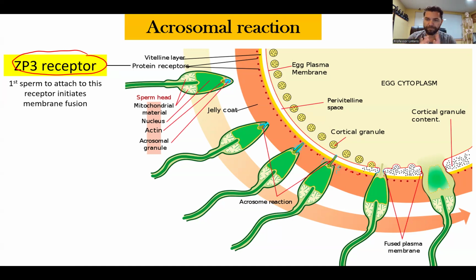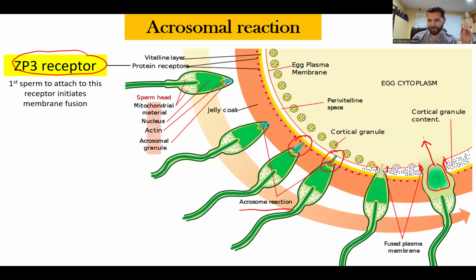First sperm there, super important. We have that adherence of the receptor post-acrosome reaction, and you can see that it fuses. As it fuses to that receptor, it can inject, if you will, that nuclear material into the cytoplasm of the oocyte.